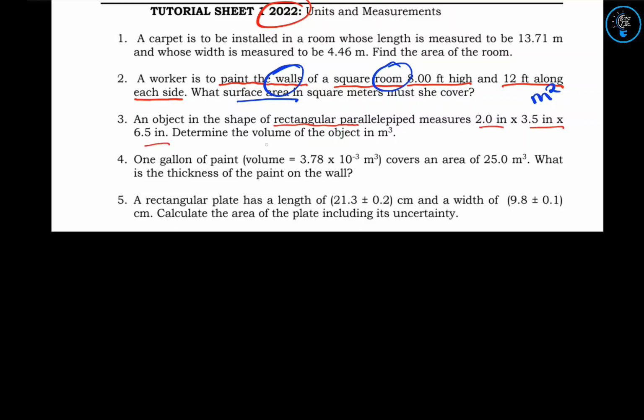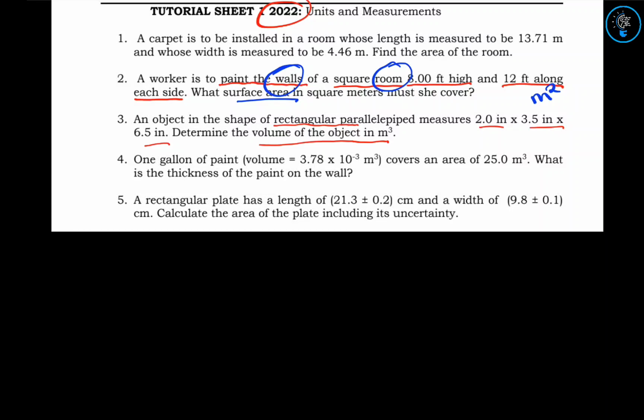Then we are told to determine the volume of the object in meters cubed. So, a rectangular parallelepiped measures this, then we are told to find the volume.